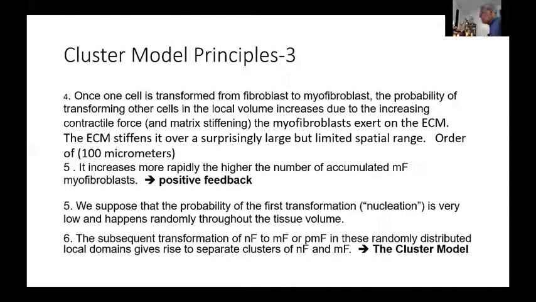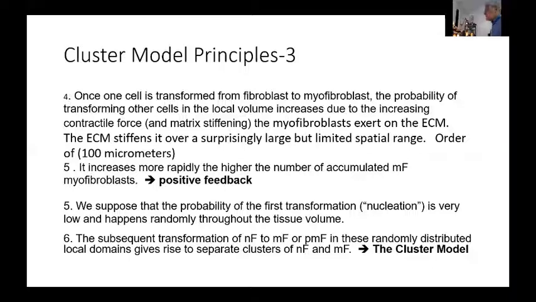So the cluster increases more rapidly the higher the number of accumulated myofibroblasts, and that, as I pointed out before, was a positive feedback system. Now, this is a somewhat technical issue that I just wanted to mention, which is that the transformation of the first fibroblast in this domain to a myofibroblast occurs without any increased stiffness from previous myofibroblasts.